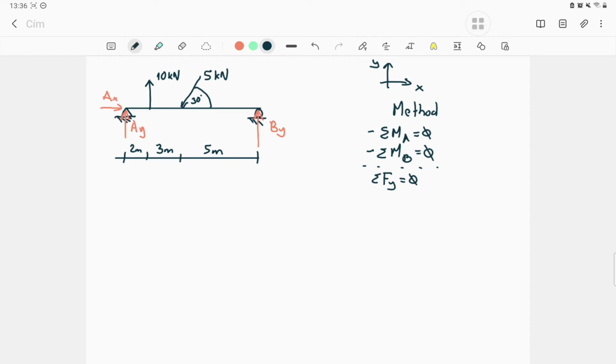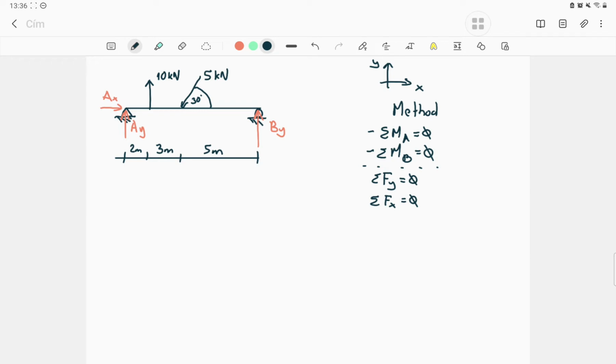We will add all of the forces which are parallel with the y-axis. And after that we will use the summation of Fx equation. That is another force equation, parallel with the x-axis line, and this has to be 0, of course, as everything in statics.